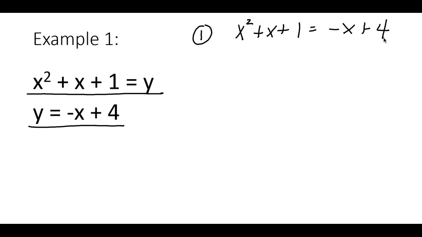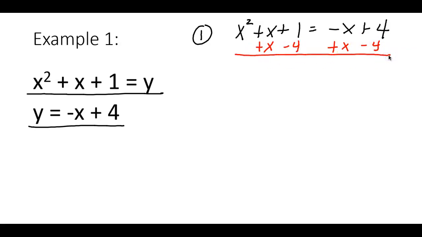Now this is a quadratic equation here. And when you have quadratics, you can't solve it by just getting x by itself. What you want to do is move everything to one side and get it to equal 0. So the next thing I'm going to do is add x on both sides and subtract 4 on both sides.